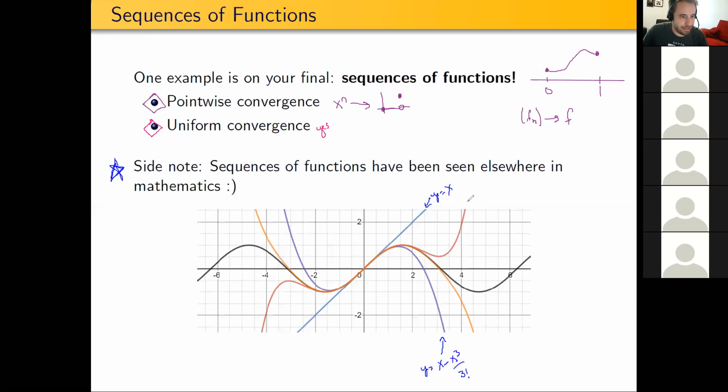Which one is next? This one, right? This is y equals x minus x cubed over 3 factorial plus x to the 5th over 5 factorial. And then the last one is all of that again minus an x to the 7th over 7 factorial, right? So talk about Taylor series.